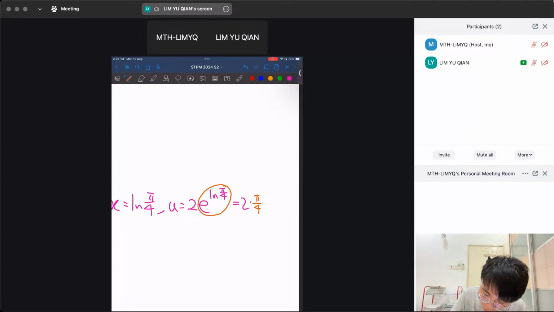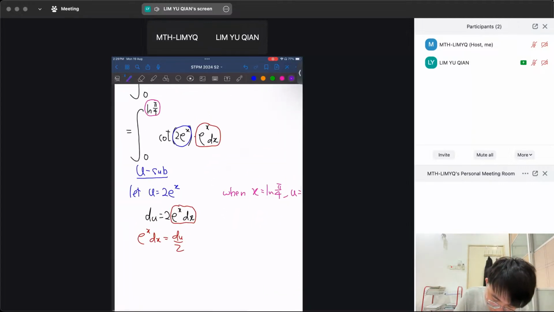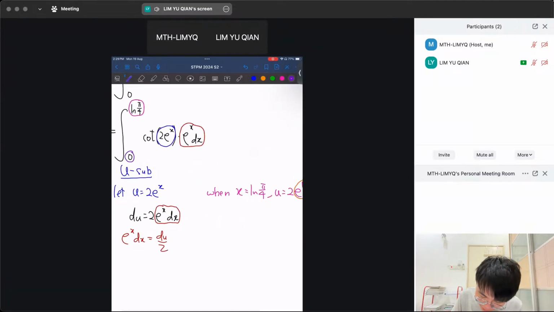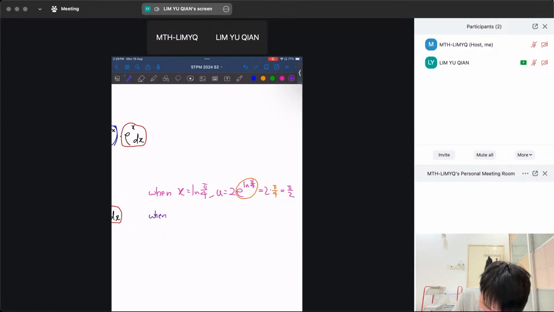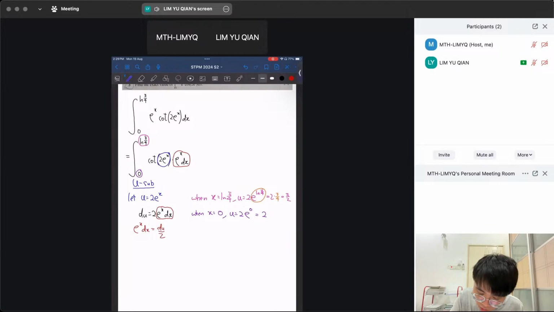So pi over 2. Okay, the other one, when x equal to 0, u equal to 2 times e to the ln e power 0, so that's 2 multiply 1, so 2, okay? So from 2 to pi over 2, okay?